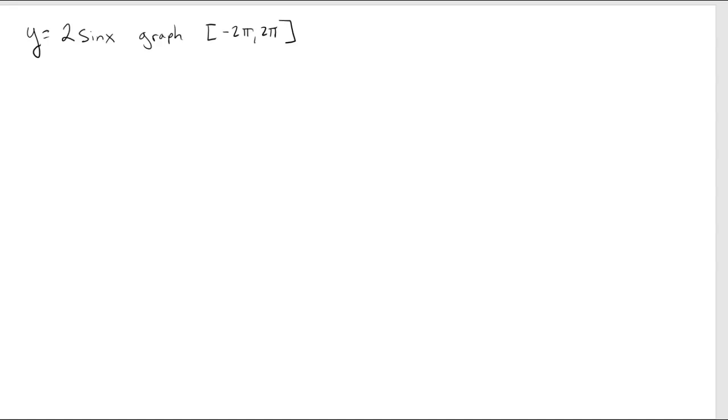Okay, so that's what our directions are going to say. When I give you this piece of information, this is telling you how long to make your graph, like where to have a start point, where to have your end point. This is your domain. So your graph is going to start at negative 2 pi and end at 2 pi. All right, that's all that means right now.